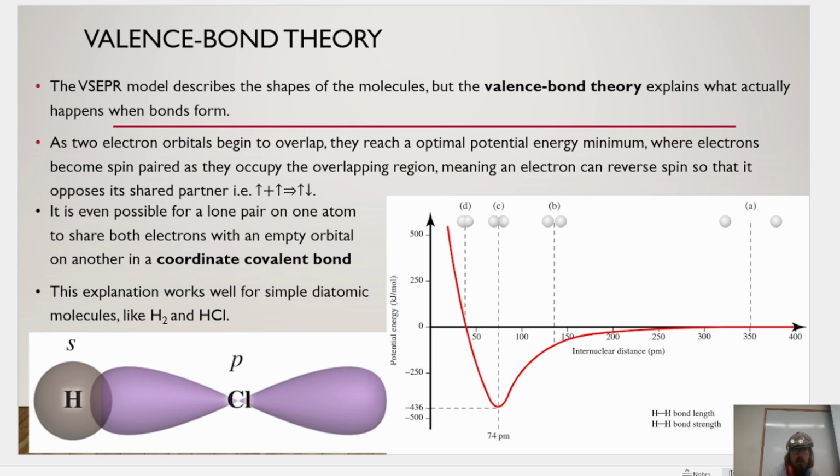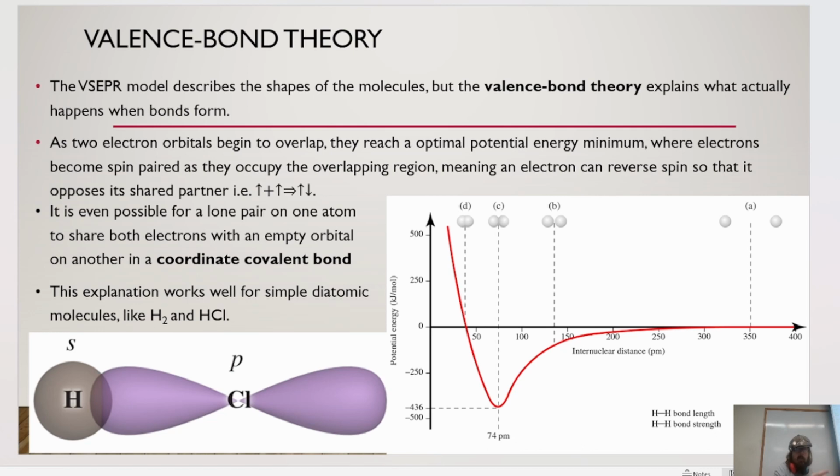Valence bond theory is how we explain why the VSEPR models form. The idea here is that it all comes down to overlapping energies in the right way. When we have to put electrons together, we have to spin pair them, where one's spinning left and one is spinning right, and they create their own little magnet that sticks them close enough together.